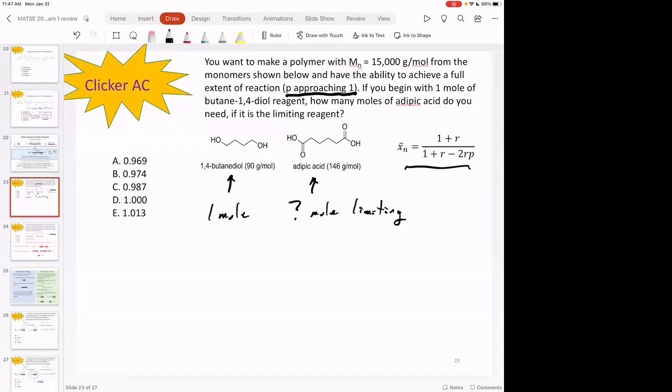R. And R, the definition of R is what? NA over NB. And that's the moles of functional group, not the moles of monomer. Okay. So which don't we know, NA or NB? Which one are we looking for actually? NA, that's right, because it's limiting.